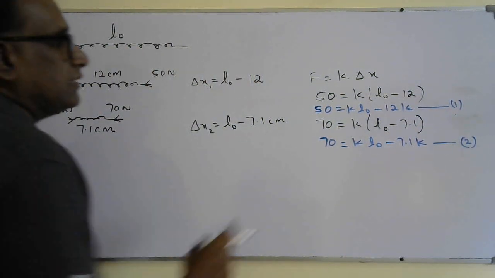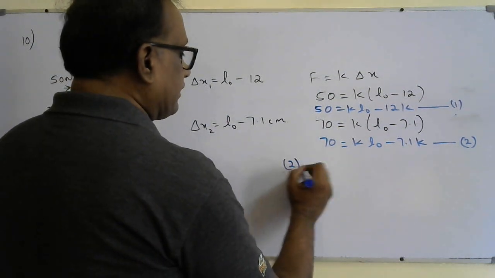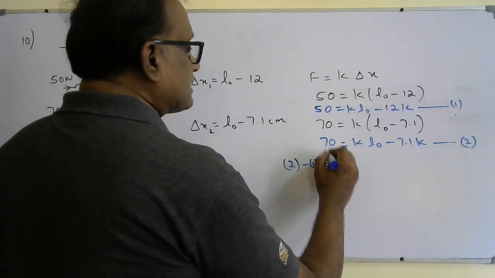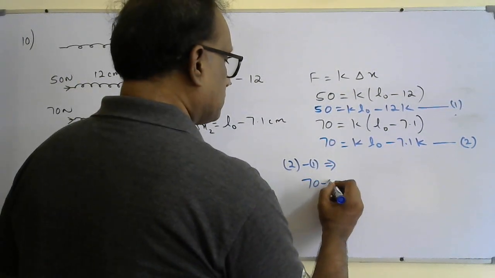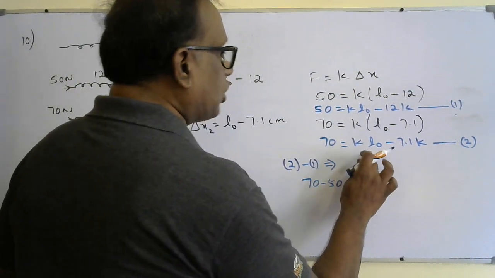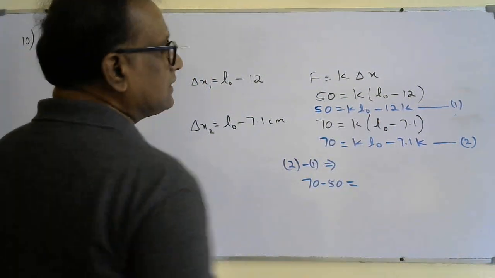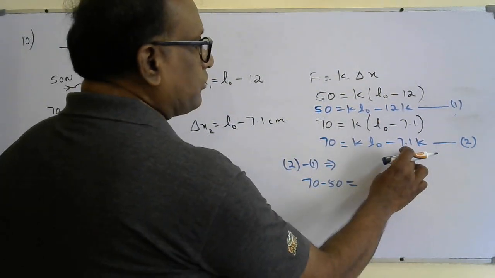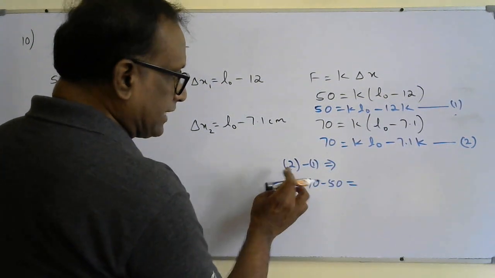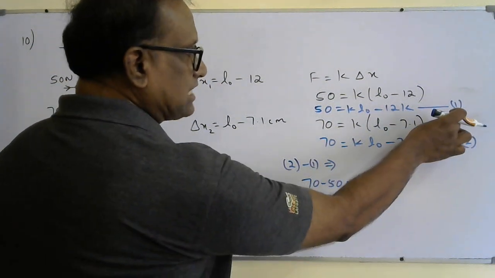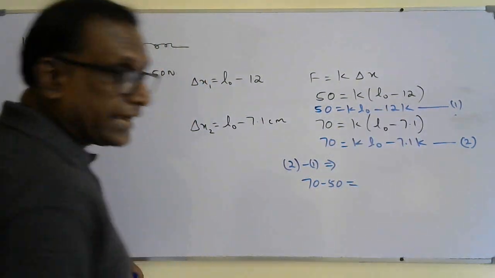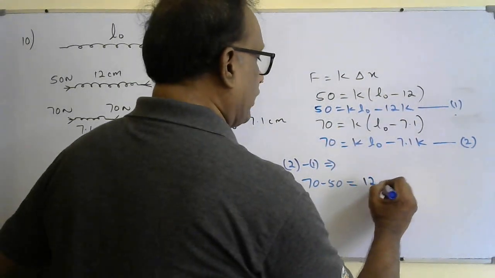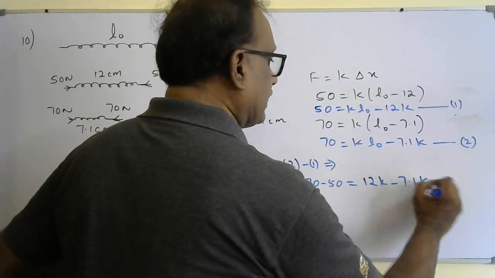Okay, right. So now subtract second equation minus first equation. 70 minus 50. K L0 will get cancelled. Minus 7.1K minus, because I am subtracting second equation minus first equation, minus 7.1K minus of minus 12K will become 12K minus 7.1K.